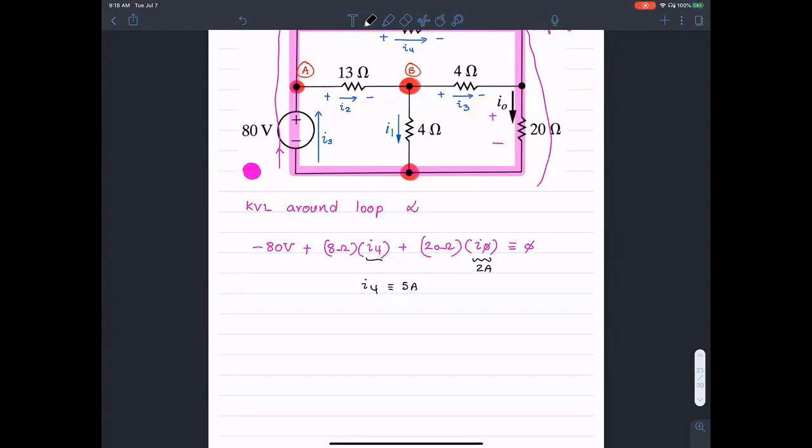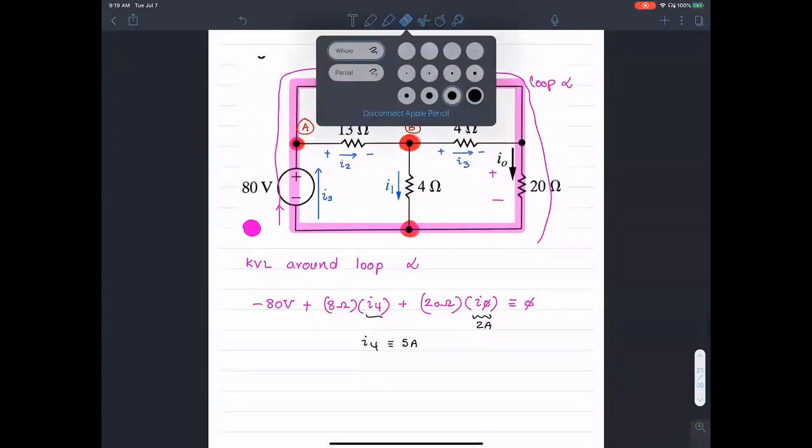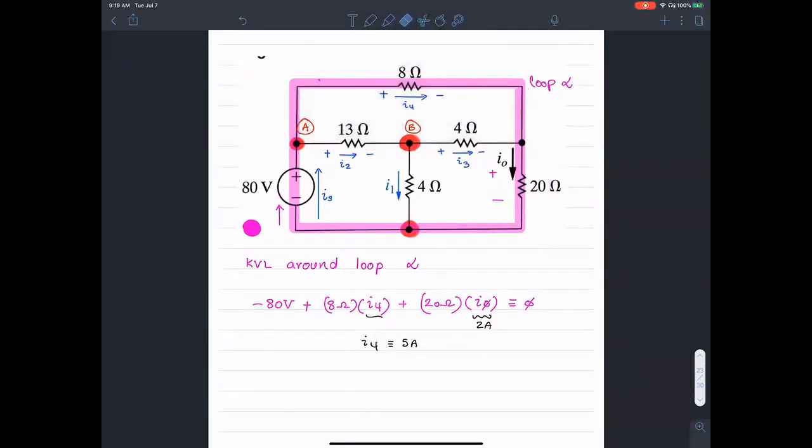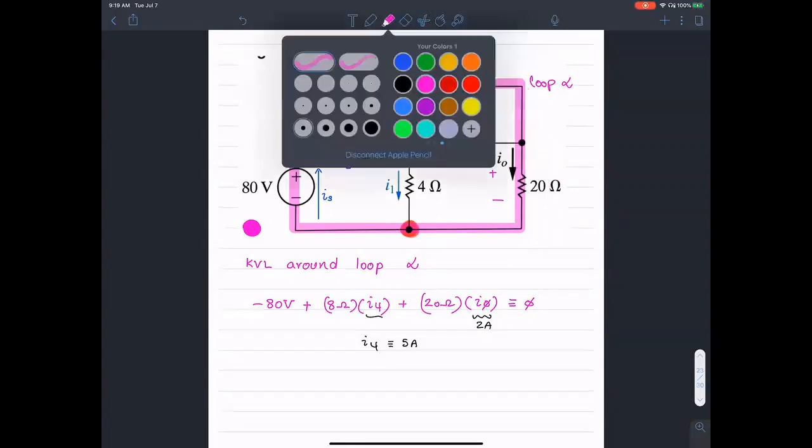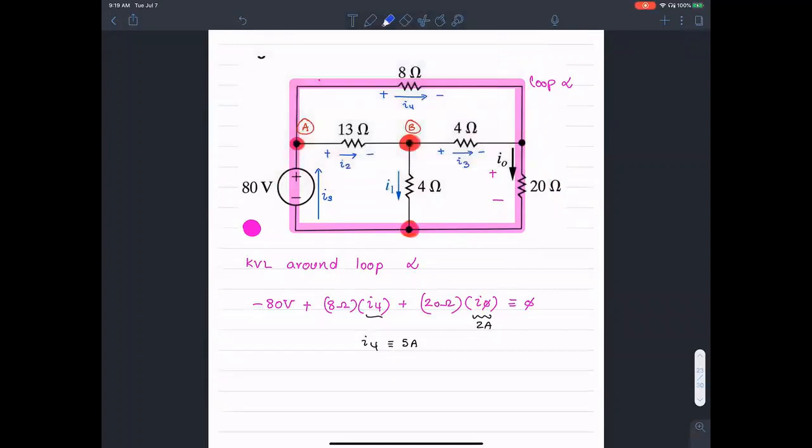We'll use another loop, which is this one, that loop over there.